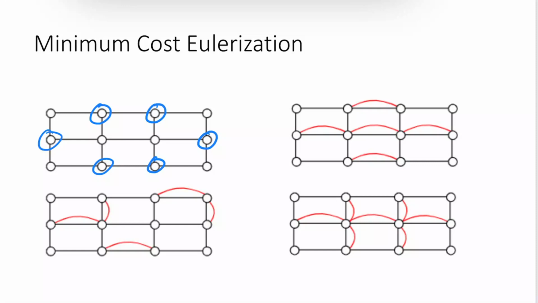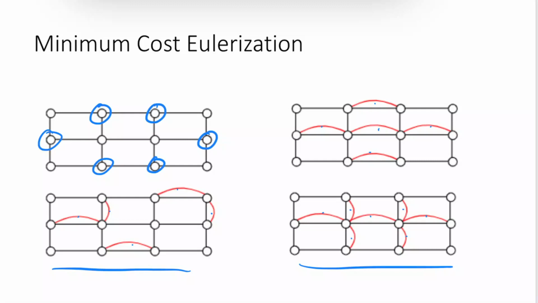But some of the Eulerizations are more efficient than other ones. Because if you look at this one right here, this one duplicated 1, 2, 3, 4, 5 edges. This one up here also duplicated 5 edges. But this one was less effective because it duplicated 1, 2, 3, 4, 5, 6, 7 edges.